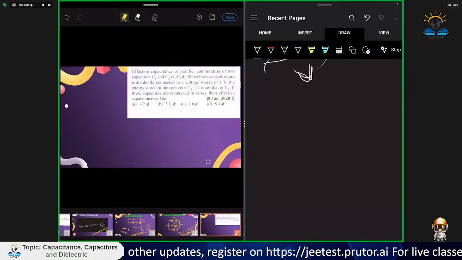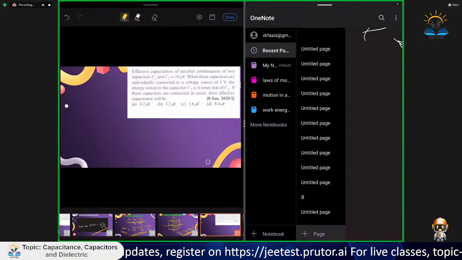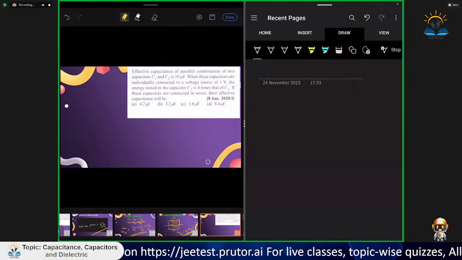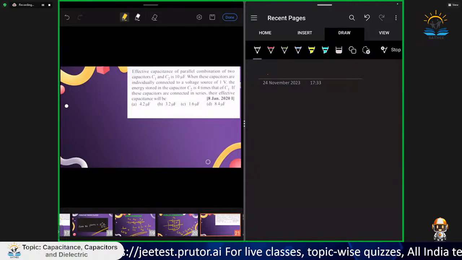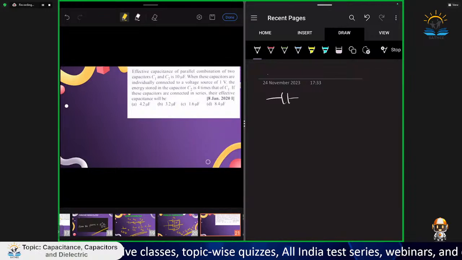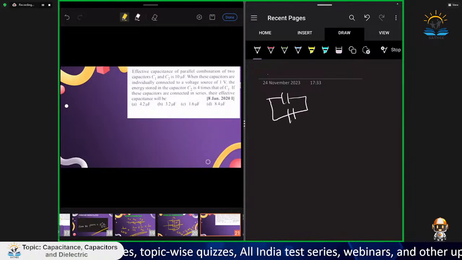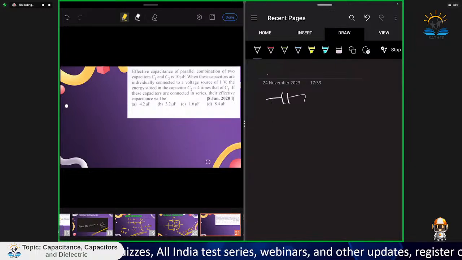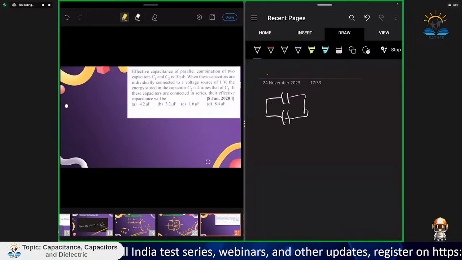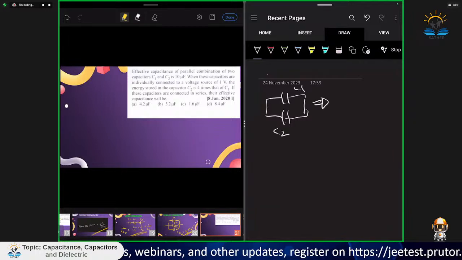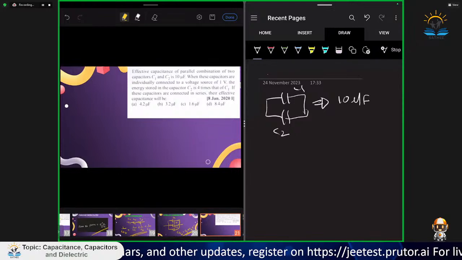Next question. The effective capacitance of a parallel combination of two capacitors C1 and C2 is 10 microfarad.